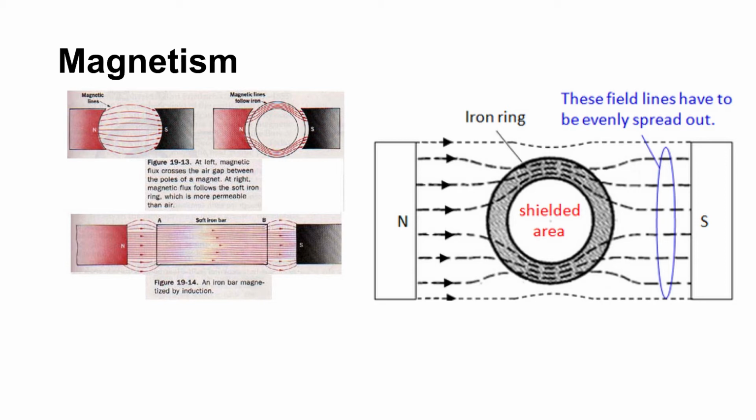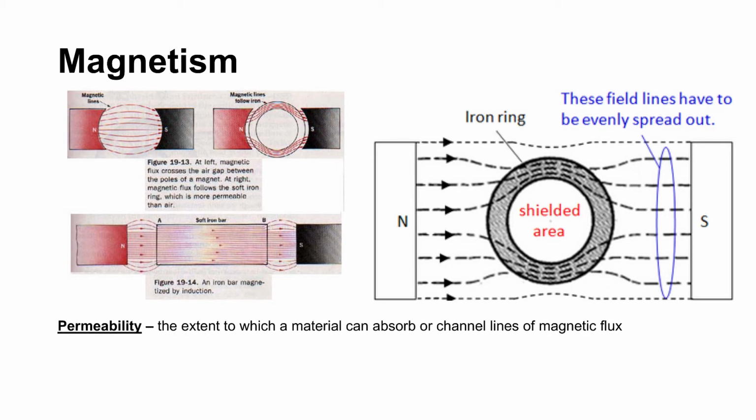Now, when we look at what happens to these lines of force, it all depends on the media that these lines of force have to pass through. So there are various ways to describe this media, and one is the permeability. There's a permeability of any particular medium that the lines of flux have to pass through.